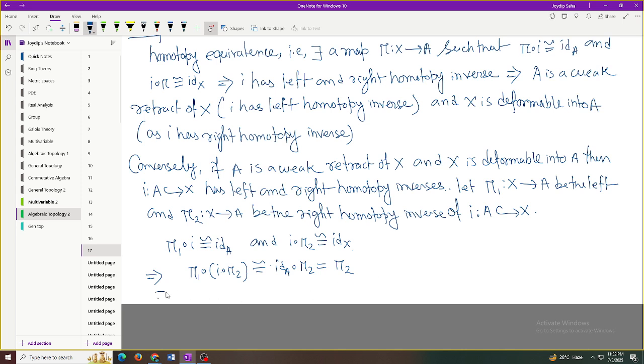Now what is this? π1 ∘ I ∘ π2 is homotopic to identity. That is π1, so the class of π1, and we are done.